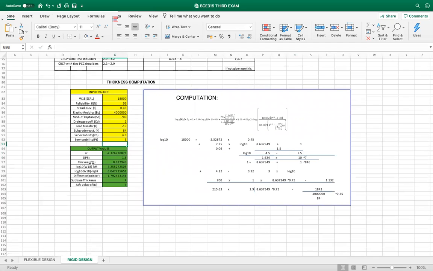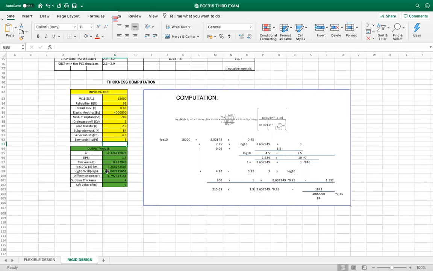The output values are shown here. ZR would be negative 2.3267 20876. The DPSI is 1.5, thickness 8.637949. Also with the log10 on the left and log10 on the right.